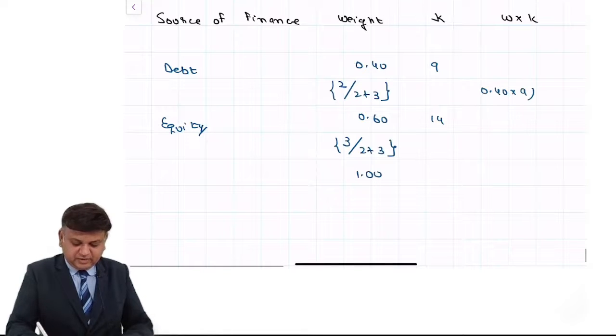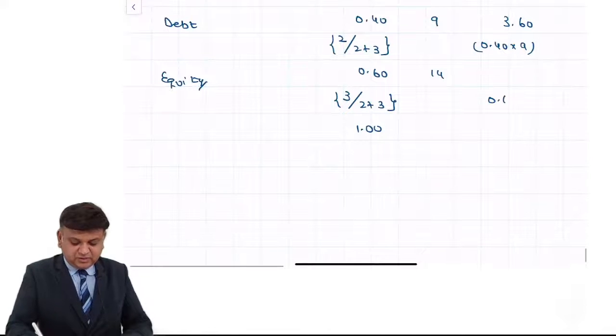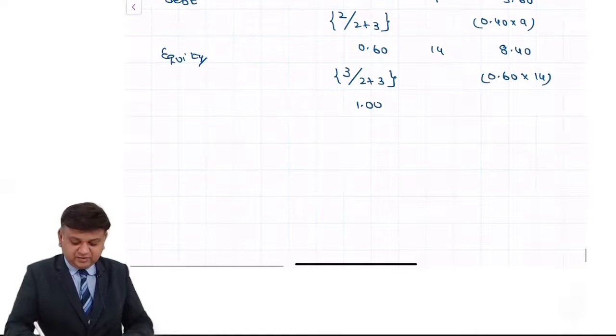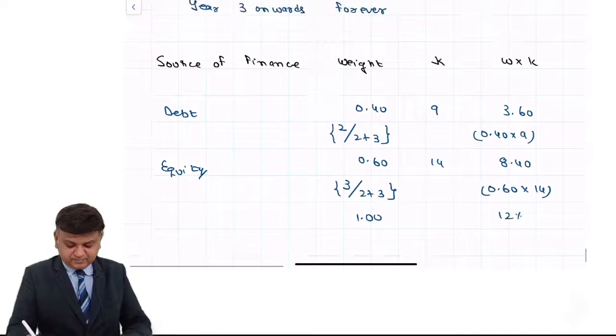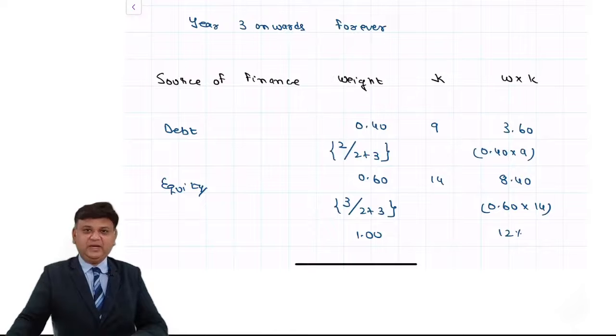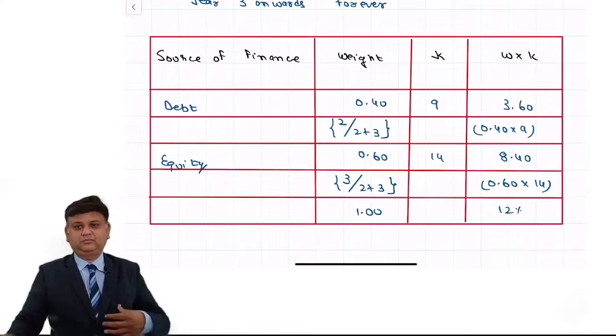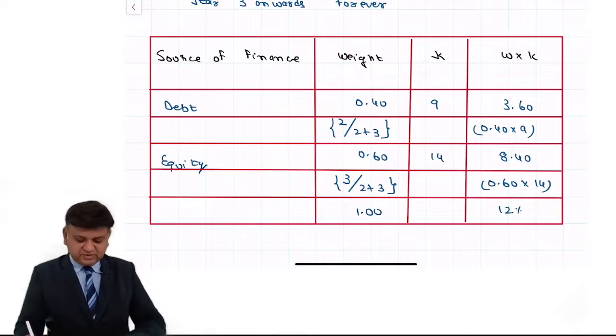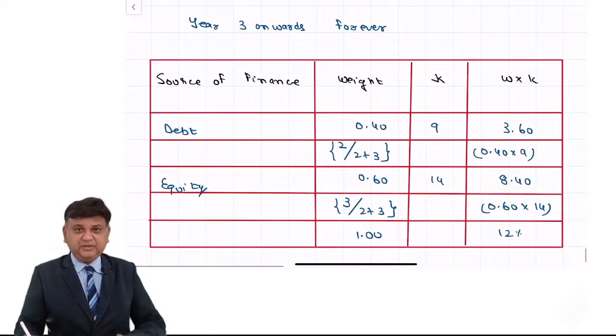So 0.4 into 9, that comes to 3.6. 0.6 into 14, that is 8.4. So the weighted average would be 12%. That is the way the weighted average or overall cost of capital will be calculated.